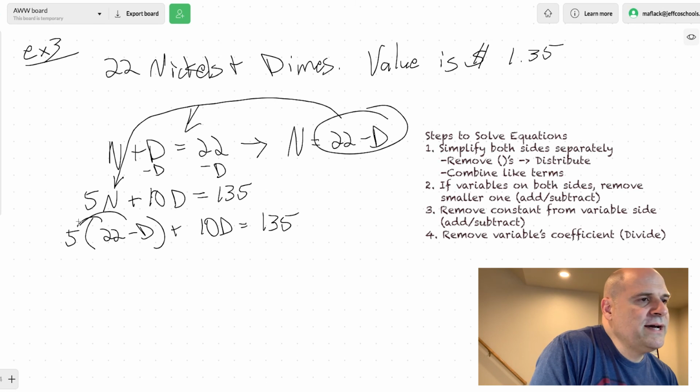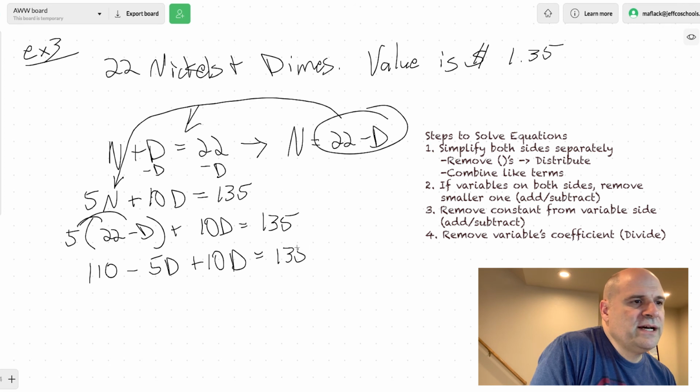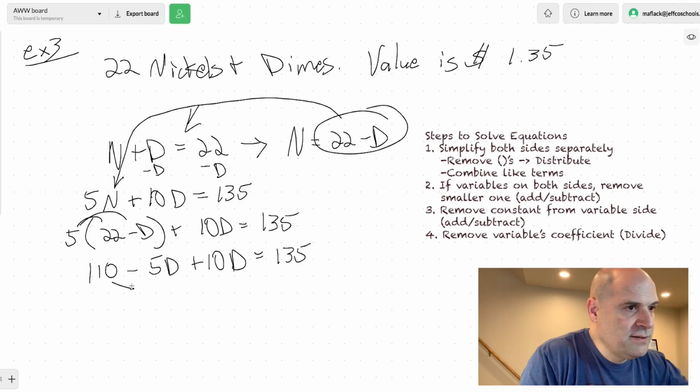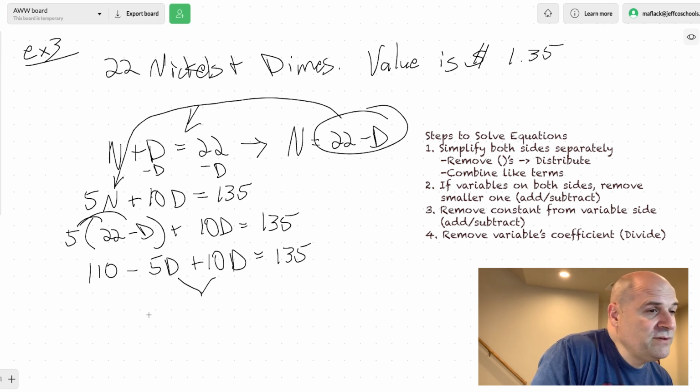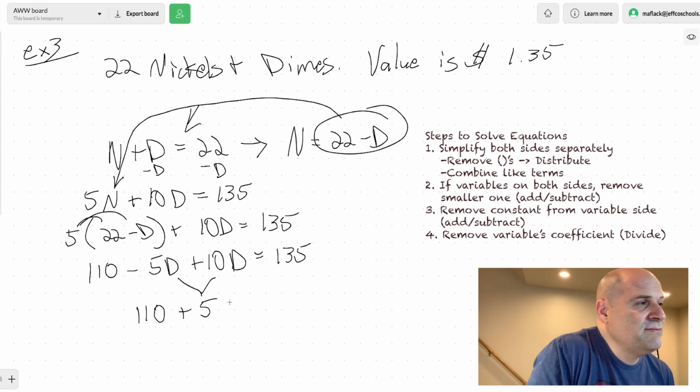Okay, simplify. So 5 times 22 is 110 minus 5D plus 10D equals 135. Combine like terms. Remember this is a negative 5D, so this is actually 110 plus 5D, because positive 10D and negative 5D is positive 5D.